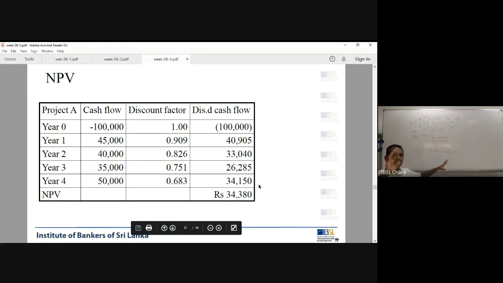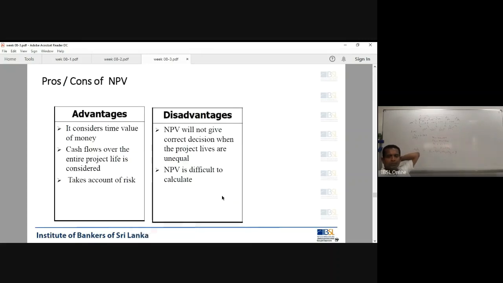You are comparing two projects. Whichever project gives the highest net present value is the better project. So project A is the best project, or the project to be selected out of these two.